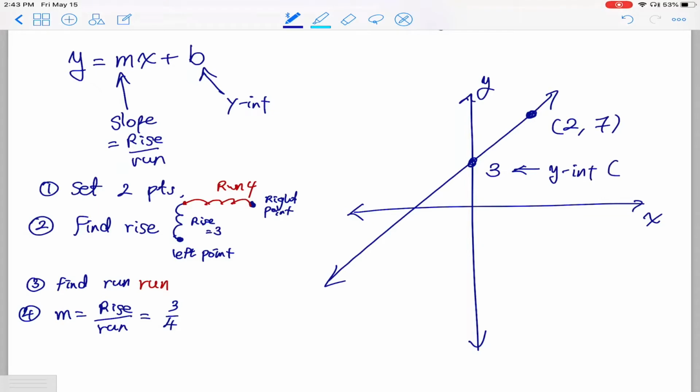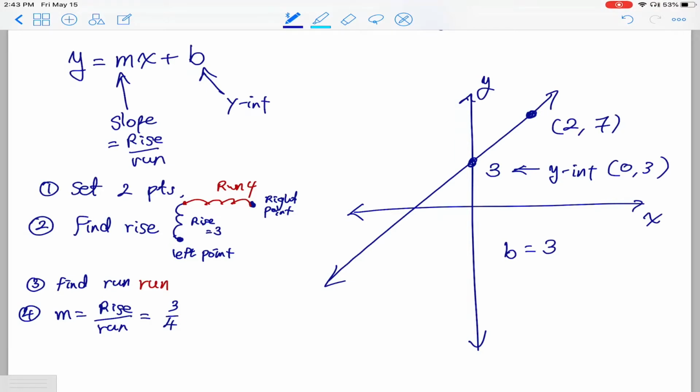And remember, the y-intercept's coordinate is always 0, something. The x-intercept has the 0 for the y value, and the y-intercept has the 0 value of the x. So it's basically opposite. If you're looking for the y-intercept, for the other one, just put the 0. If you're looking for the x-intercept, I don't care what the y is, just put the 0 for that. So then in this case, I have b as +3.